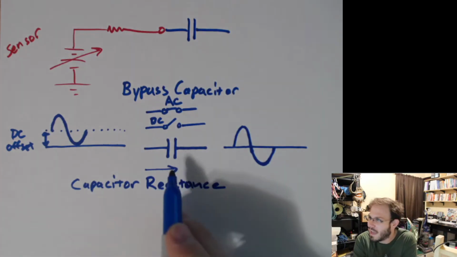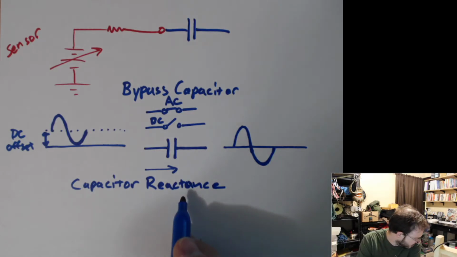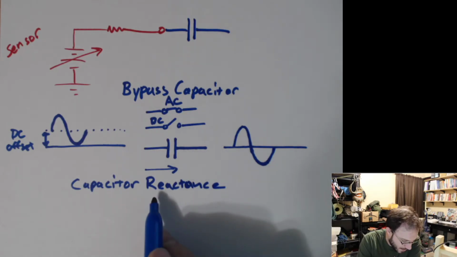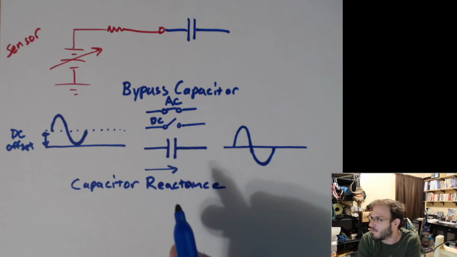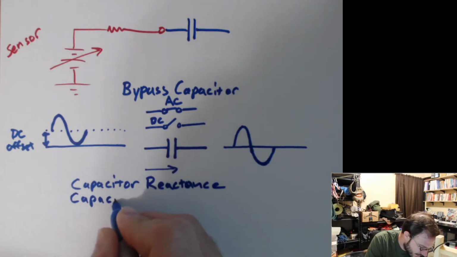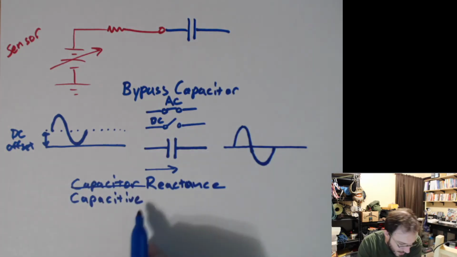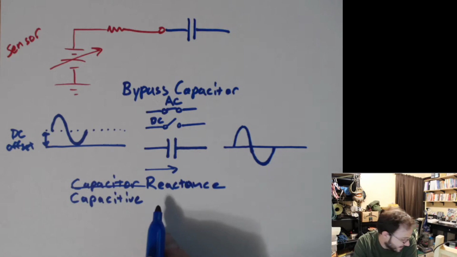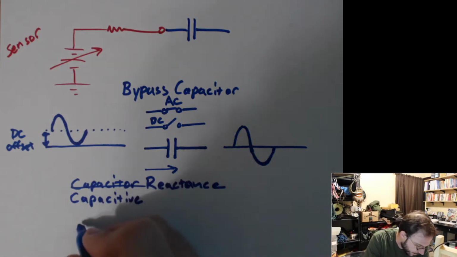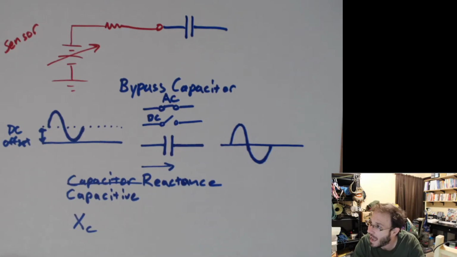So capacitors have something referred to as capacitive reactance. We call it X sub C. Now, what is capacitive reactance? It's resistance.